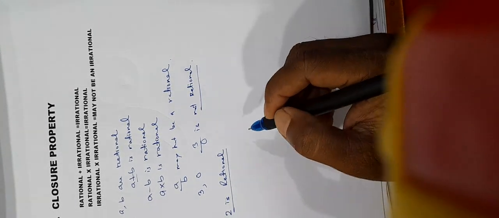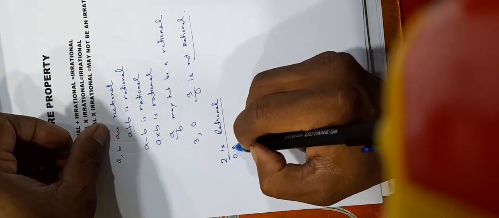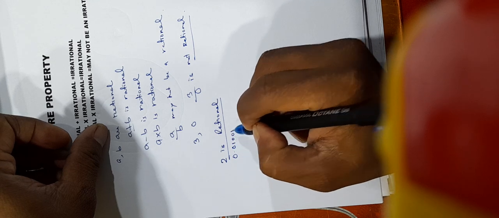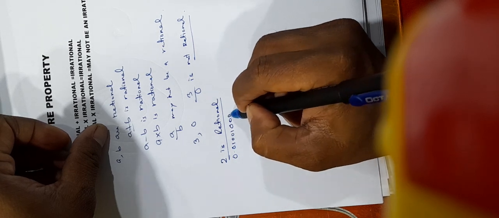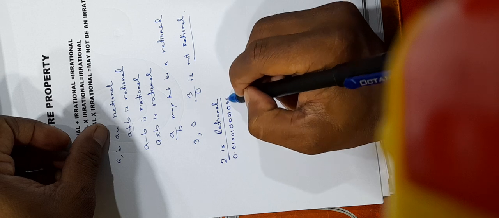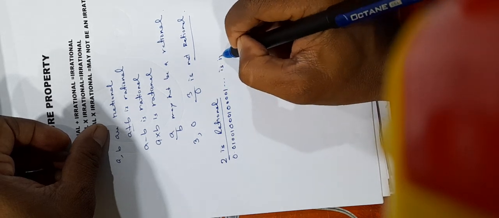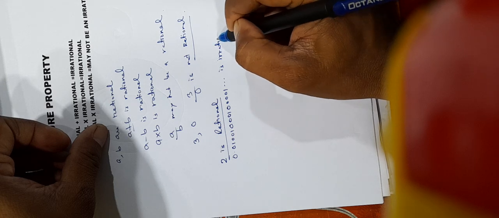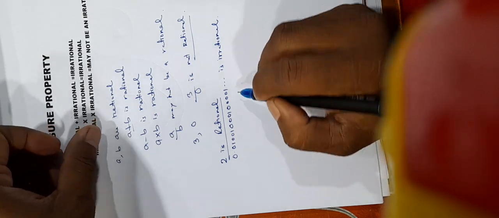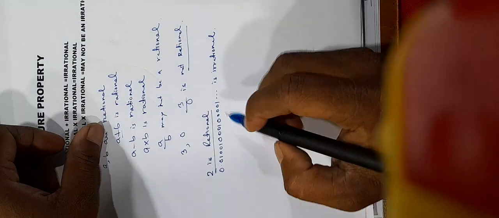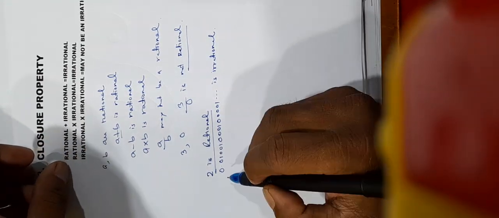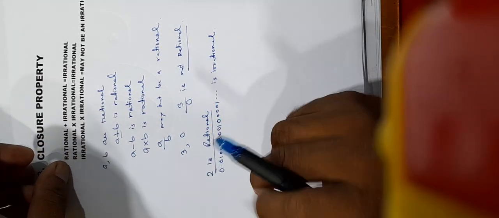Now think about this number: 0.01001000100001, etc. is irrational, right? It is a non-terminating, non-repeating decimal. Now you find the sum of these two numbers.